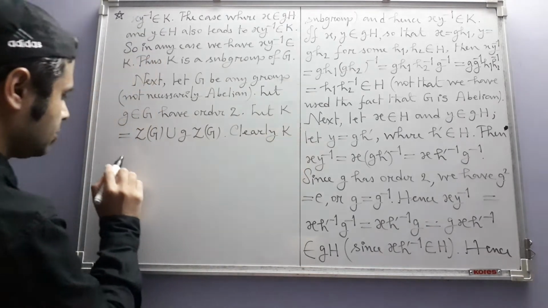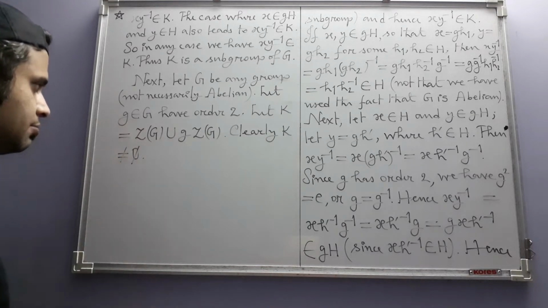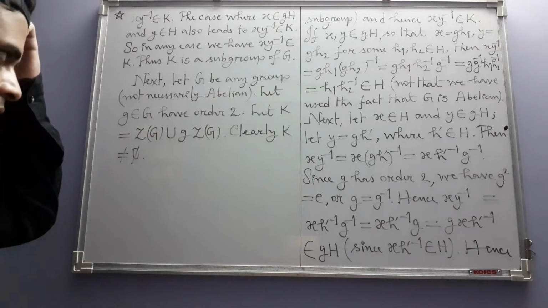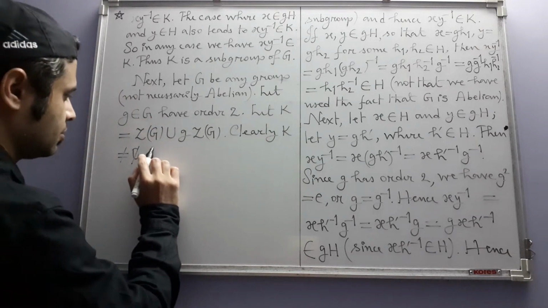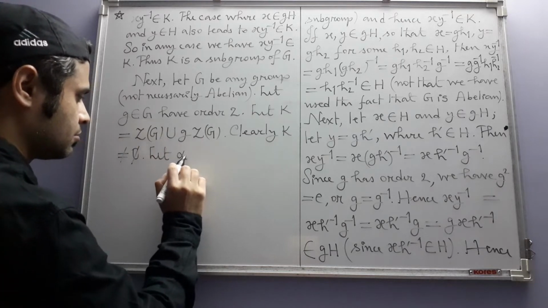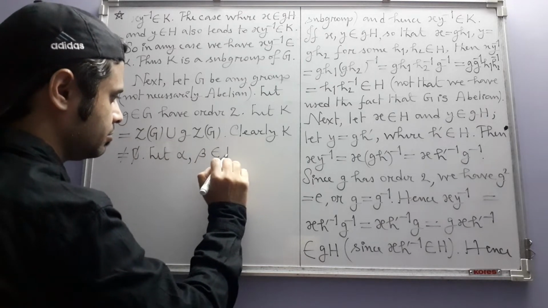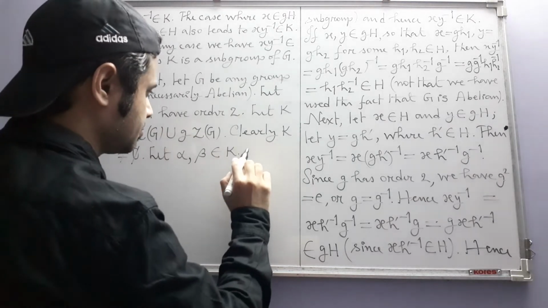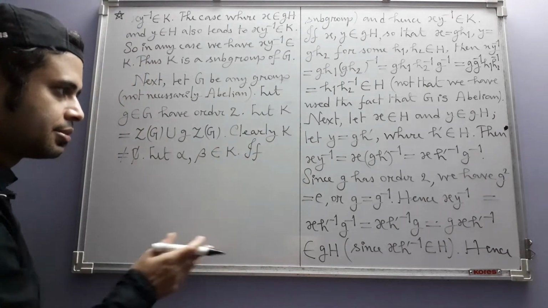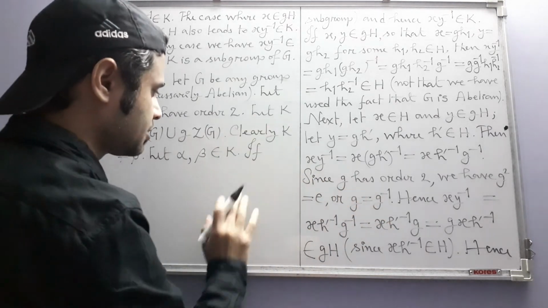Again, clearly K is non-empty, because of that same reason, that the center being a subgroup of G is non-empty, so K is also non-empty. Now let alpha and beta be two elements in K. The pattern will be exactly the same as in the first part.